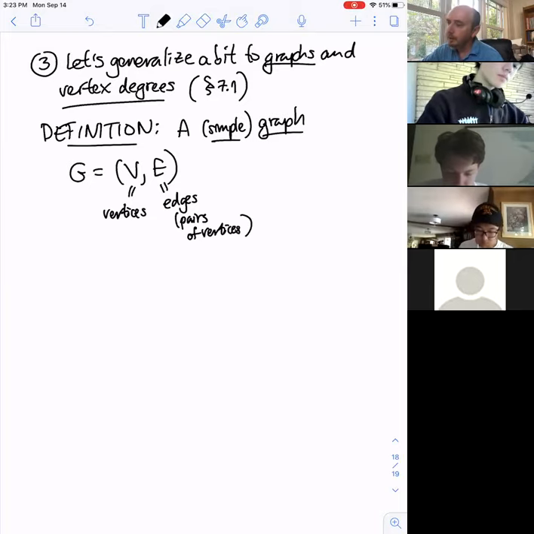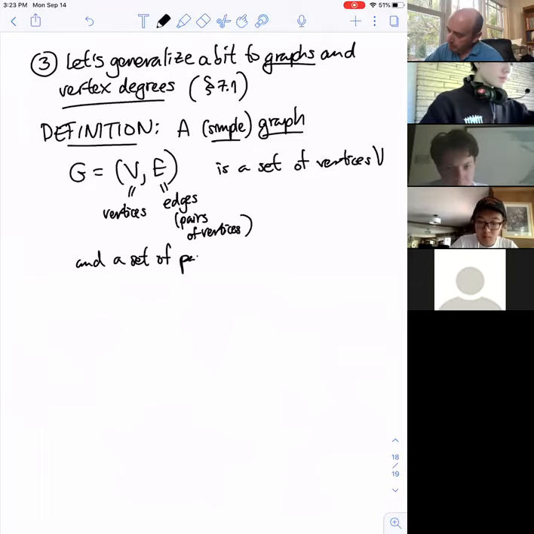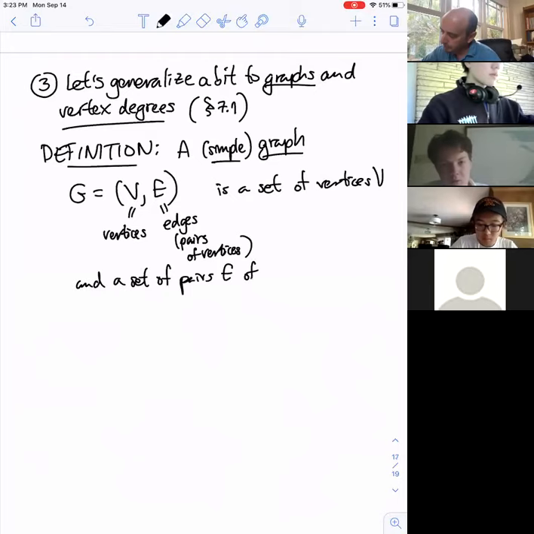So I'm going to write this, but I will do an example in a second. It's a set of vertices V and a set of pairs E, the edges, of vertices.